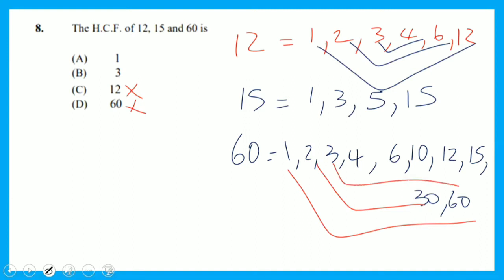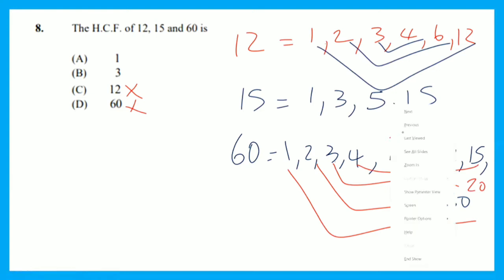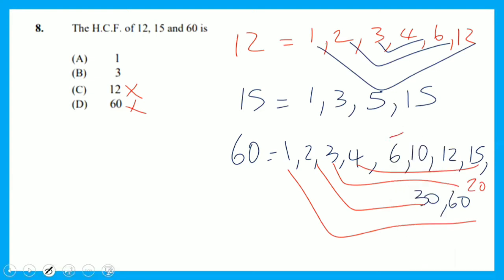So 3 times what would give us 60 would be 20, a missing factor. 4 times 15, 6 times 10, but then the 12 doesn't have a pair. So we know that we would have missed the 5 from this space that I deliberately left. Anyway, those are the factors.